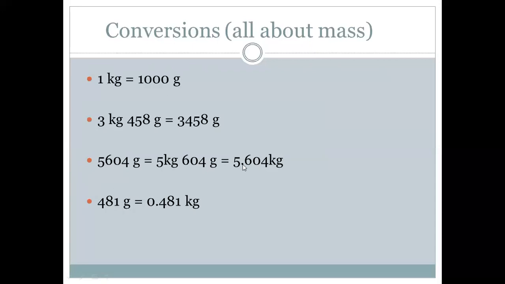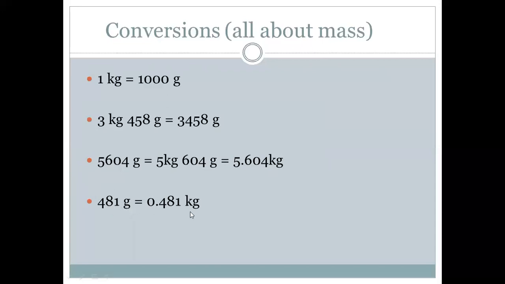And how do I read this? This decimal represents 5 kilograms and 604 grams. Good job, my students.